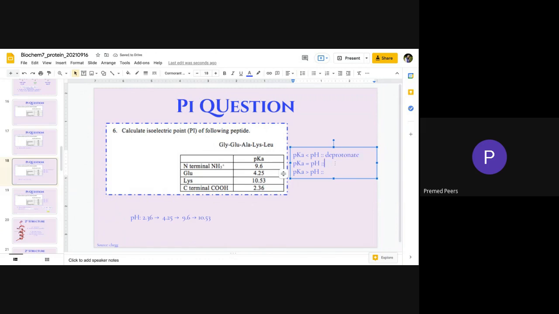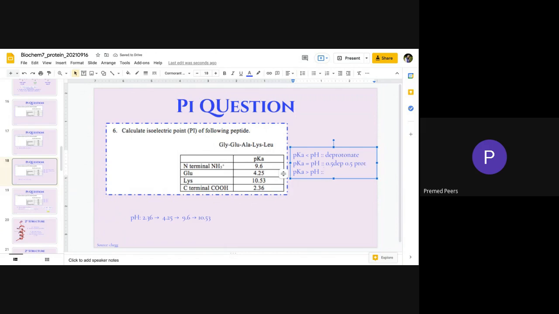All right. So what happens when the pKa is equal to the pH? As mentioned previously, it means half of the species will be deprotonated, or lose their proton, and the other half will be in a protonated form.